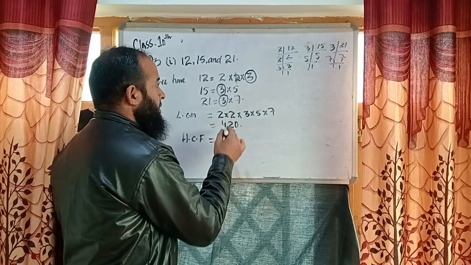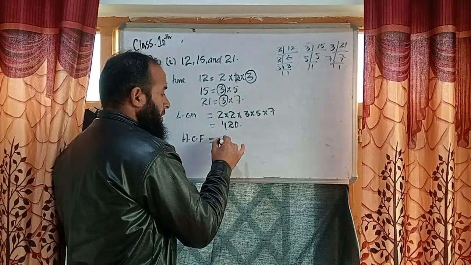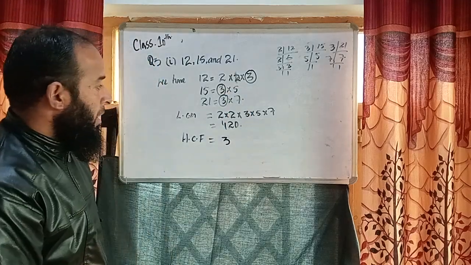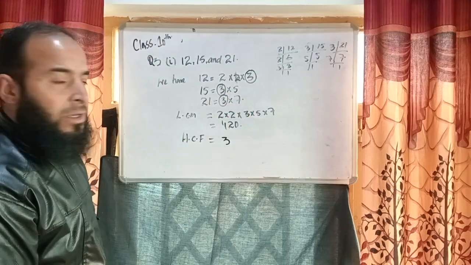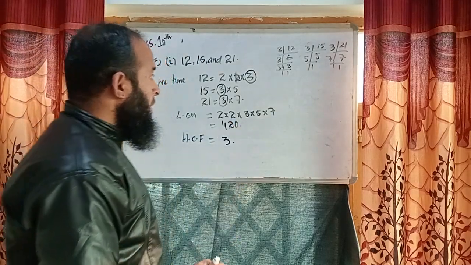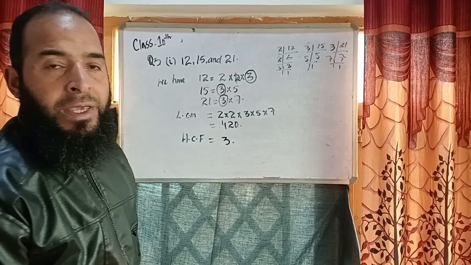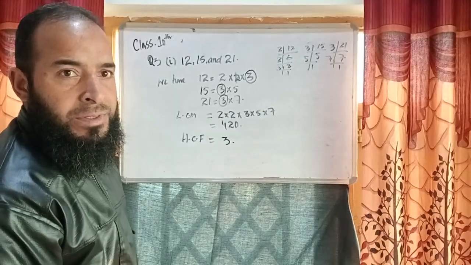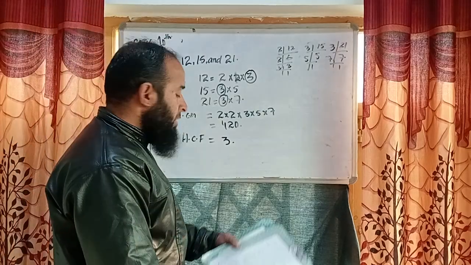It is 3, and HCF is 3. By this way, we can find the LCM and HCF of 3 numbers.